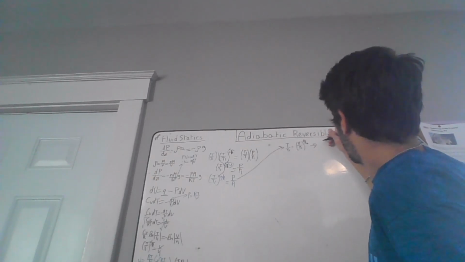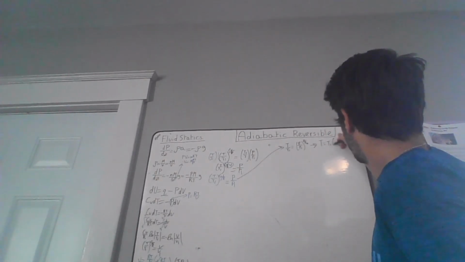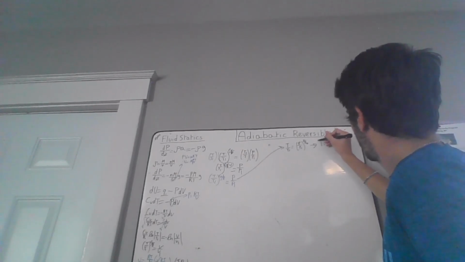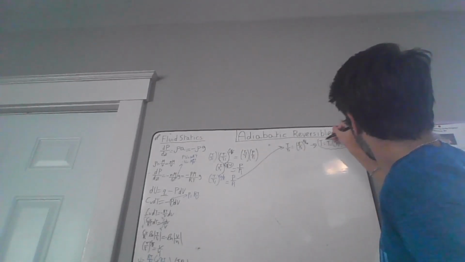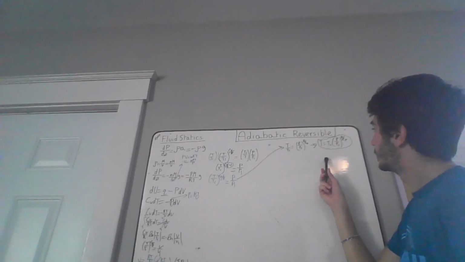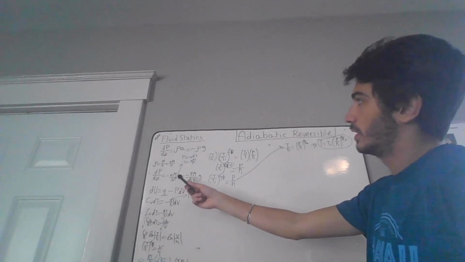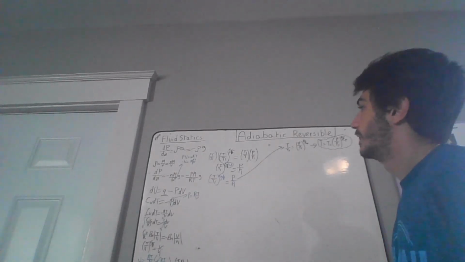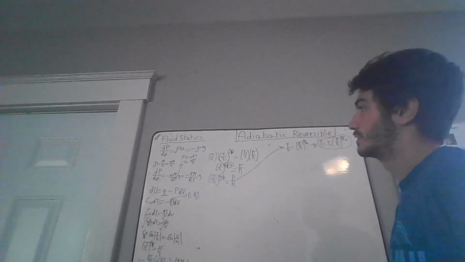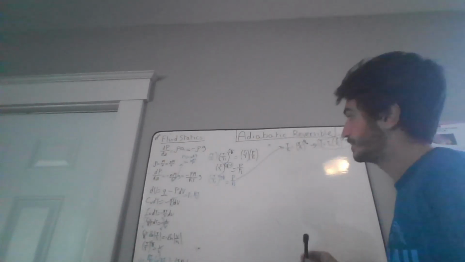Then we rewrite that for simply T as T initial multiplied by that whole pressure term. Now we can plug this back into our initial fluid statics equation to get our derivations for the pressure and temperature.